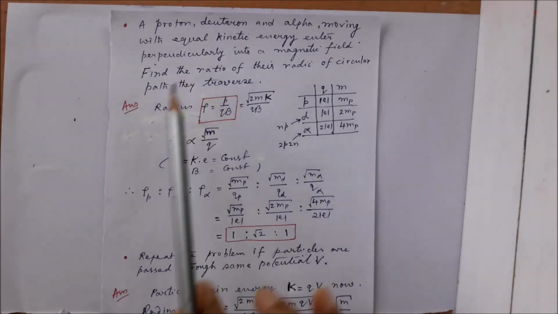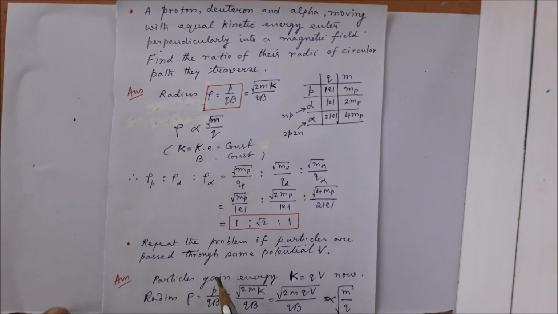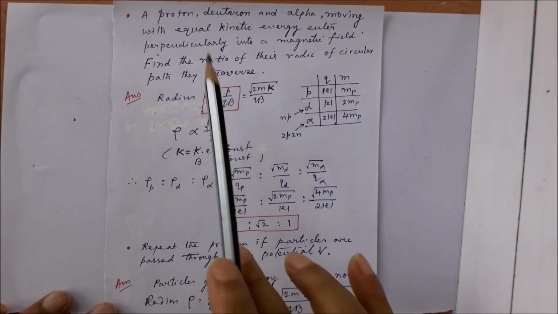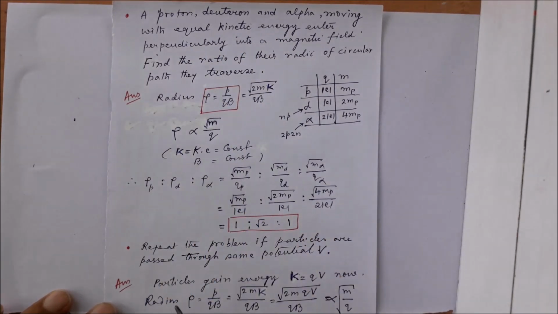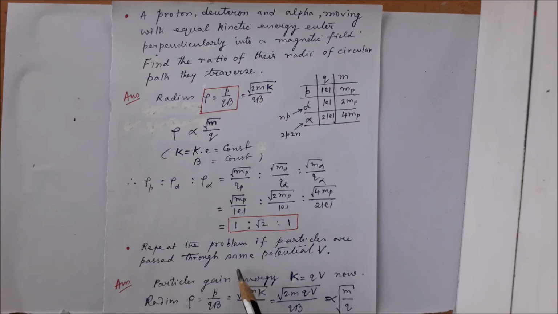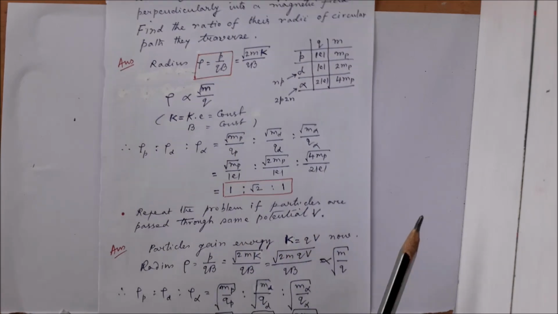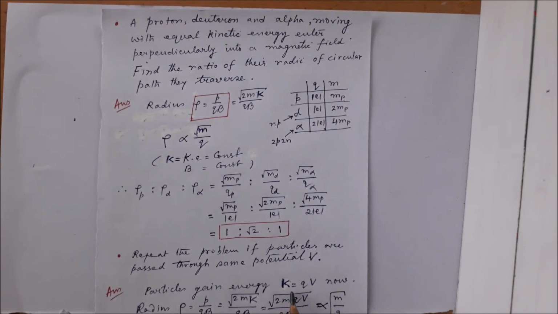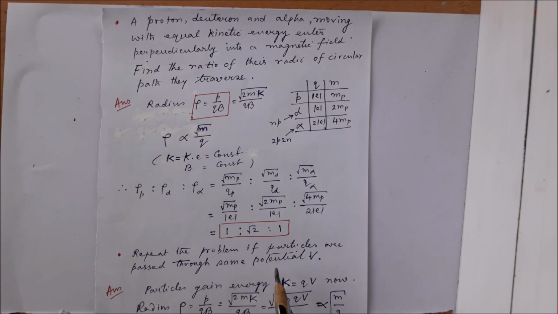This problem has been repeated here, and instead of equality in kinetic energy, now it is said that the particles are passed through a region having same potential. So now the kinetic energy which they gain when passing through the potential is QV, Q being charge of each particle.